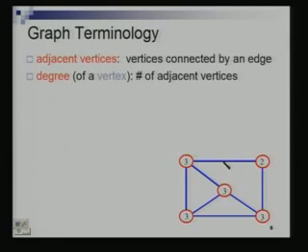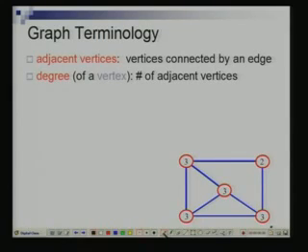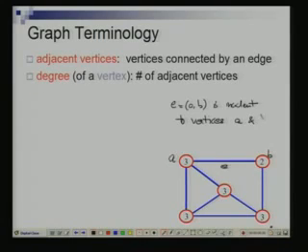Sometimes we say that this edge is incident to these two vertices, right. Should I write down the word? So, let us say this vertex is vertex A and this is vertex B, and this edge is E. So, E equals AB is incident to vertices A and B. So, this edge is incident to these two vertices.